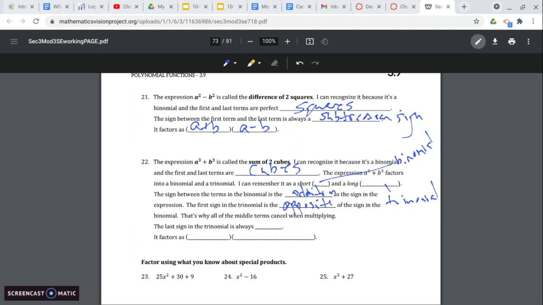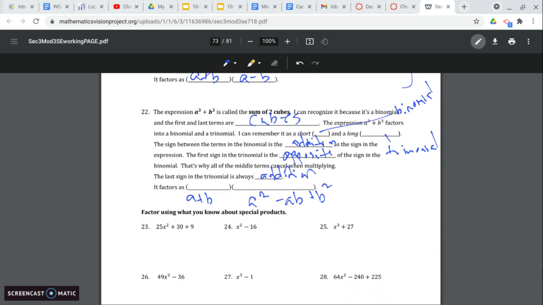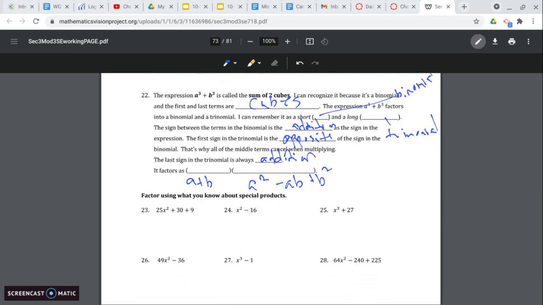The last sign in the trinomial is always addition. It factors as a plus b times a squared minus ab plus b squared. So those are some very helpful parts about the different factorings, special products, to help you through.